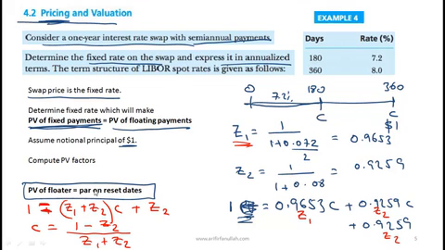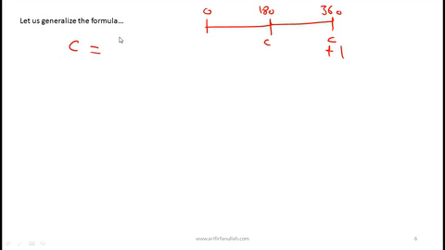I'm actually going to write it again on the next slide. So if you have a payment every 180 days, then the fixed coupon payment, and this would be plus the $1 par, is equal to 1 minus Z2 over Z1 plus Z2. Okay, so this is the formula.